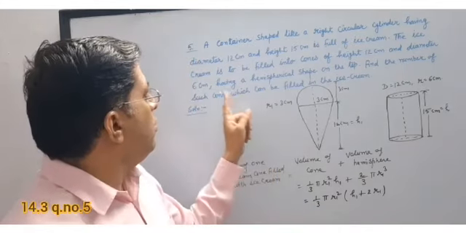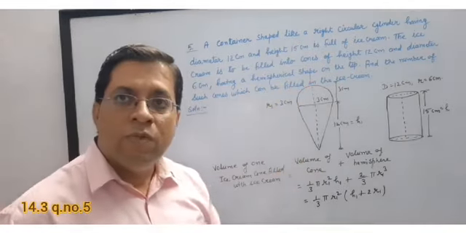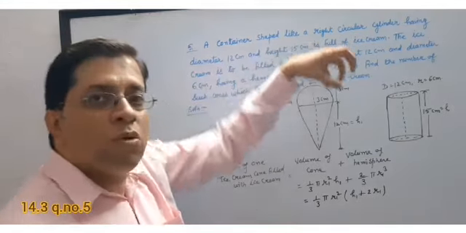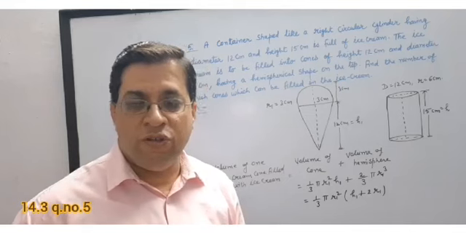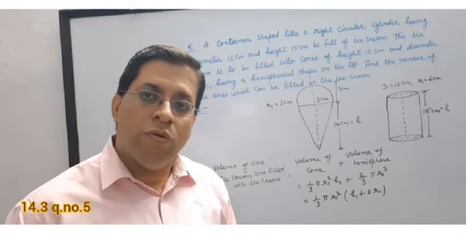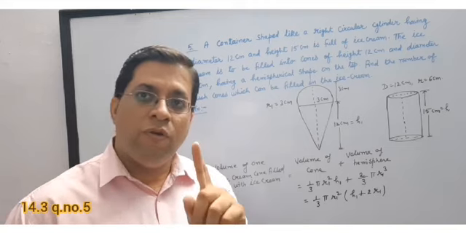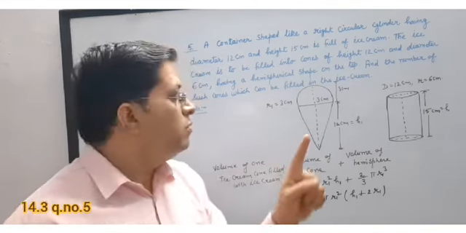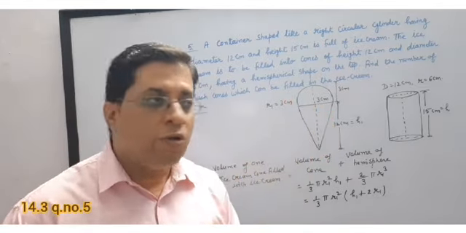Each cone has a hemispherical shape on top, because the ice cream is scooped on top of the cone in hemispherical shape. To get the volume of the hemisphere we want its radius, and radius is given as 3 centimeter. It is the same as the radius of the cone.